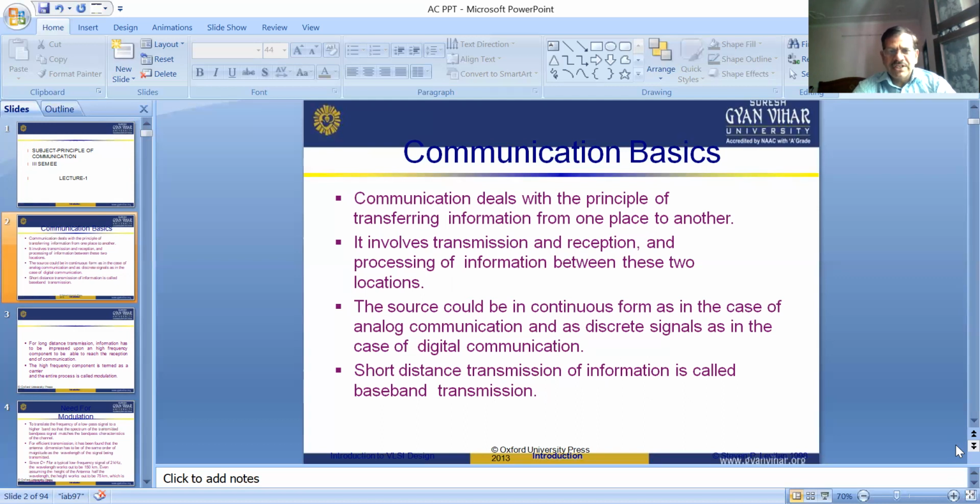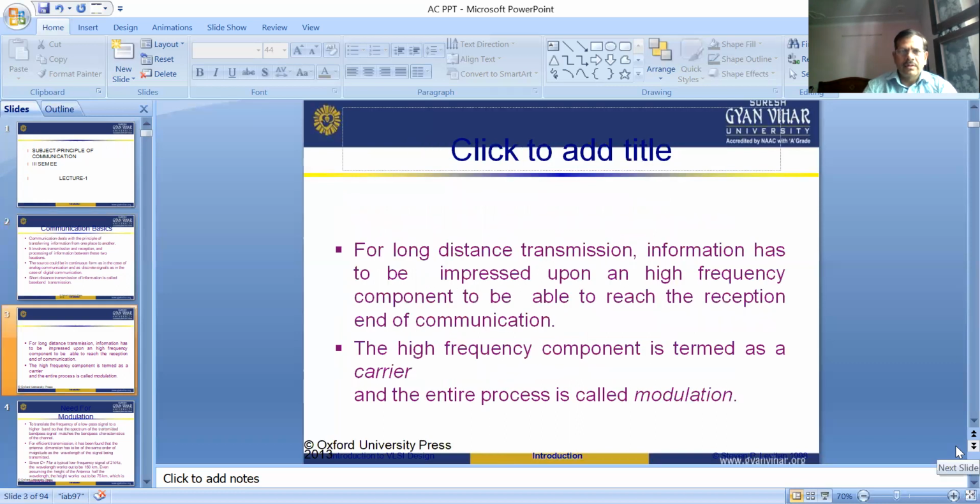Short distance transmission of information is called baseband transmission. For long distance transmission, information has to be impressed upon a high frequency component.